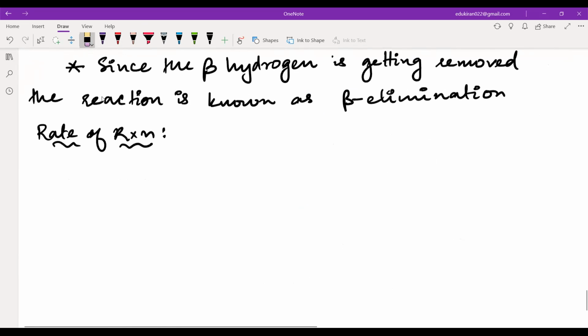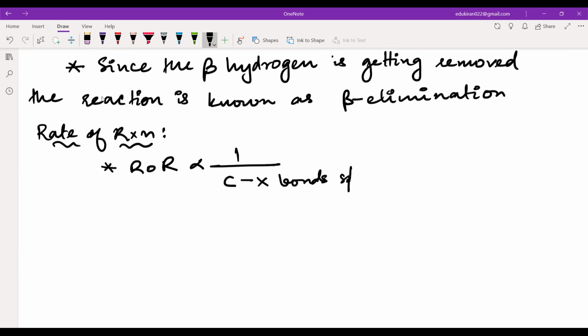So the first point that I can write is, rate of reaction is inversely proportional to the C-X bond strength. Now we all know the C-X bond strength: RCl bond will be much stronger than RBr, than RI.